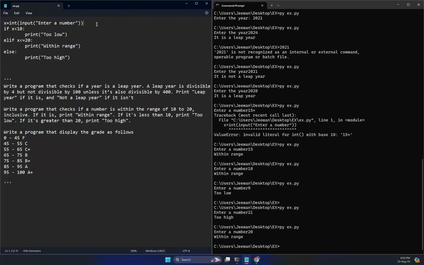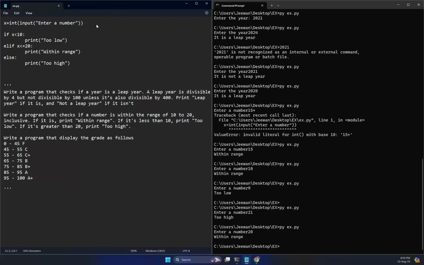Will this be correct? Will this provide the correct solution? What do you think?